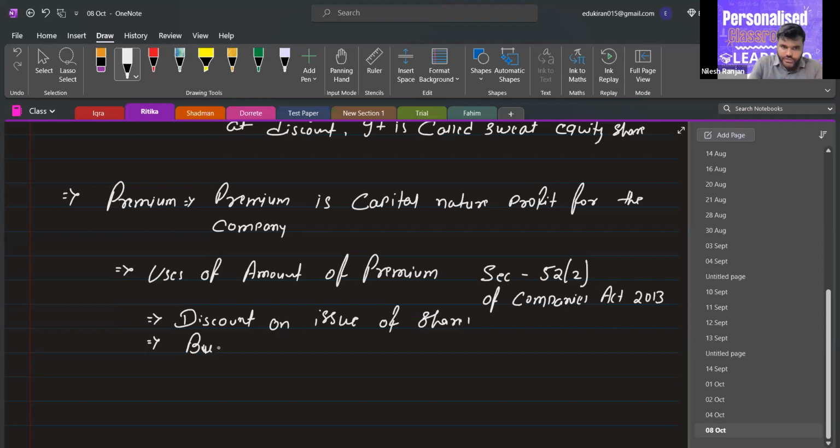Do you know what is buyback? It is buying back the shares sold from the shareholders, yes, in the open market.